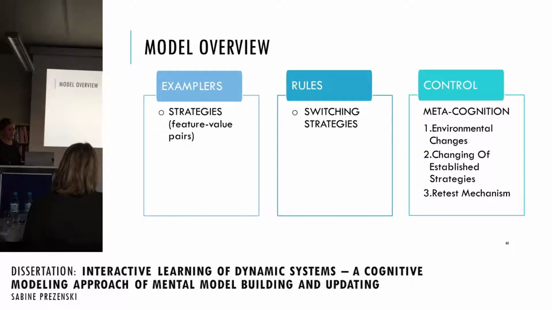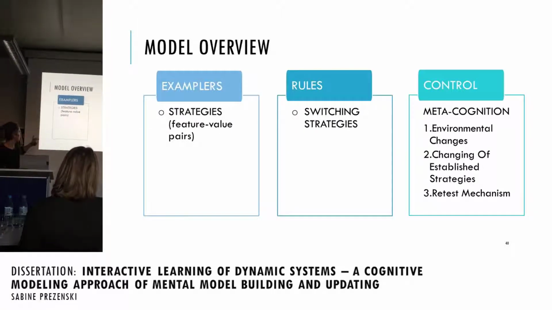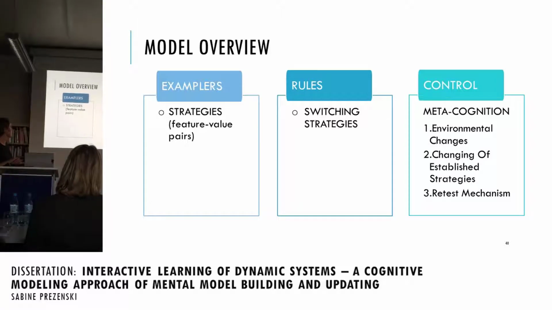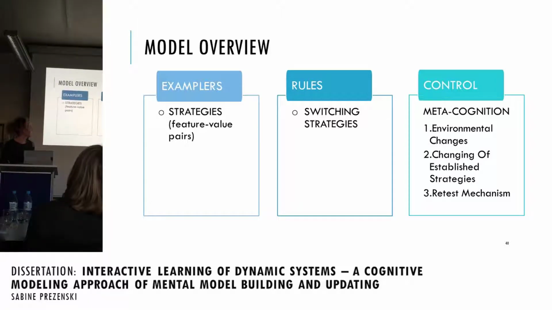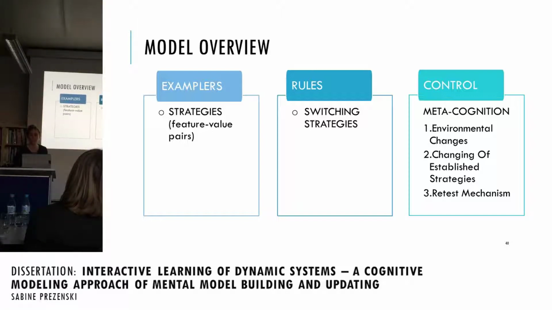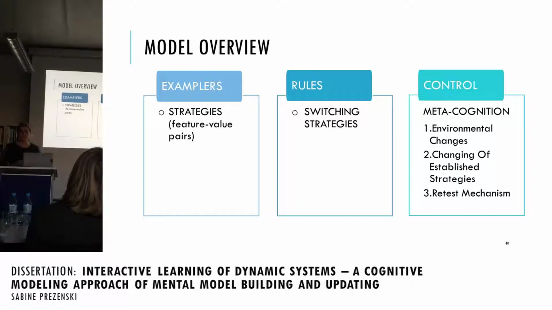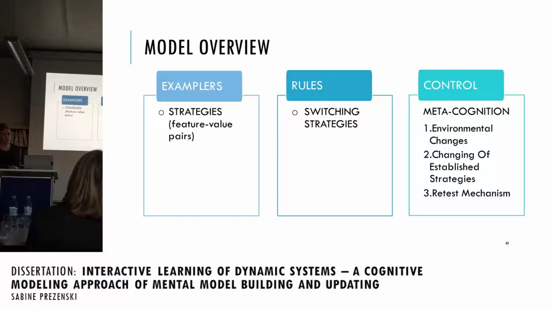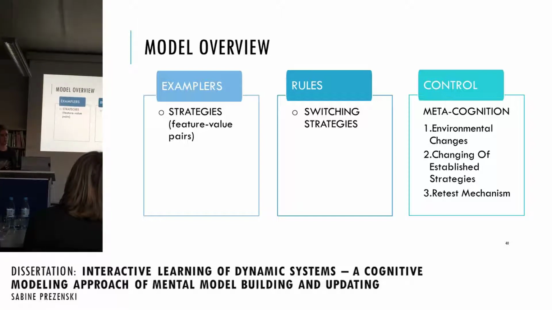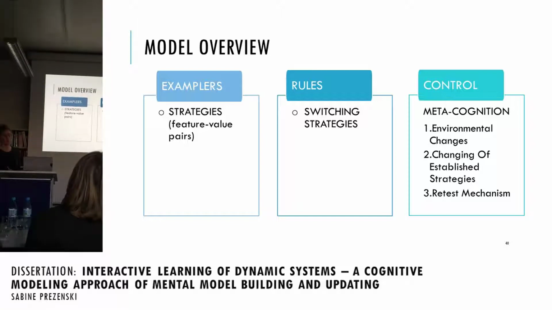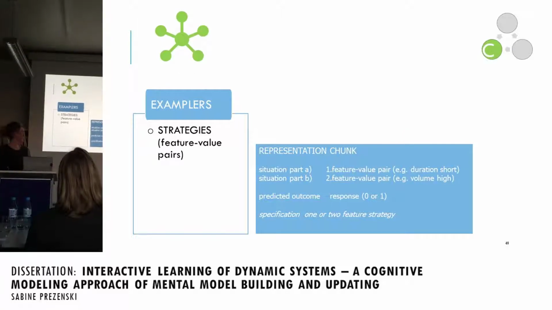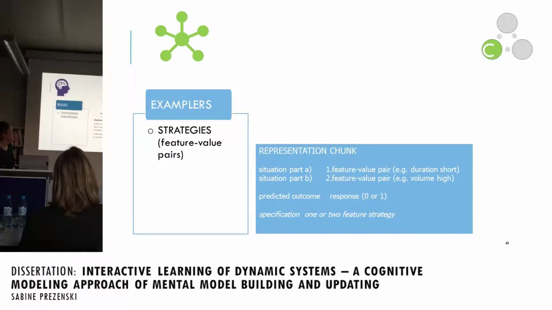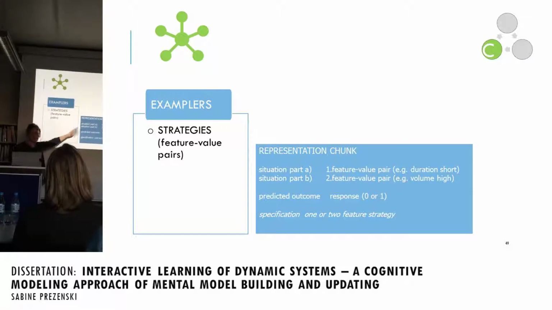So the model for this task consists of exemplars or instances which encode the strategies as feature value pairs, then specific rules for switching the strategies, and the metacognitive mechanisms for environmental changes, for changing of established strategies, and the retest mechanism. The exemplars are the strategies, and they are stored in the representation chunk.